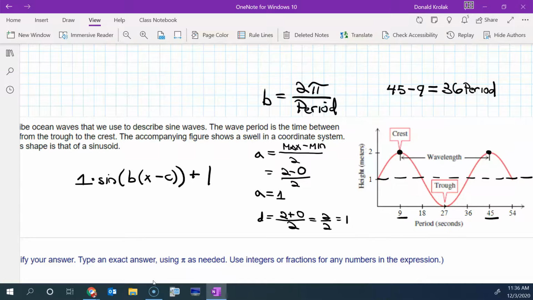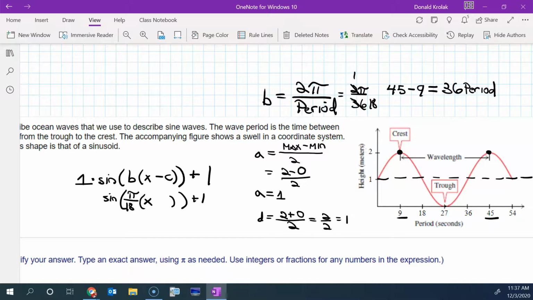You do it for whatever your numbers are. And then it's 2 pi divided by whatever you get. So mine is going to be pi over 18, and it's going to be x.